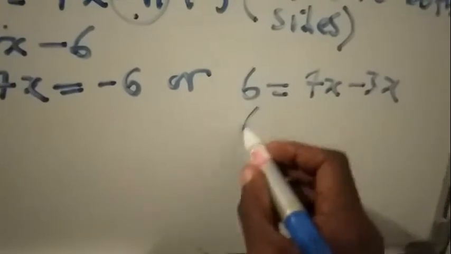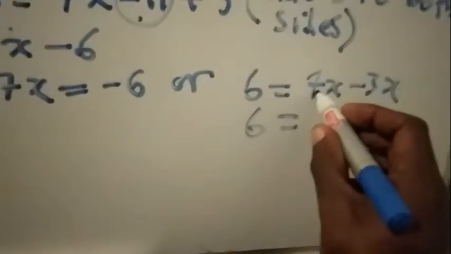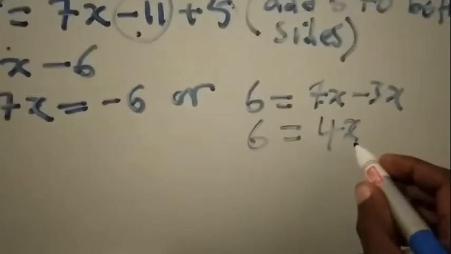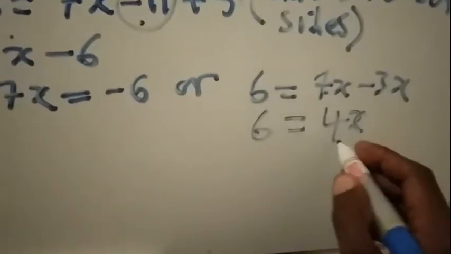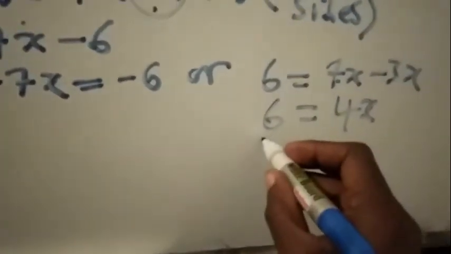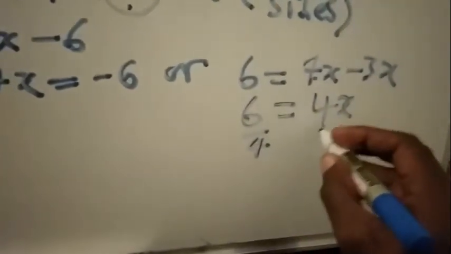So 6 equals this minus that, you have 4x, and then you can just divide both sides by 4.